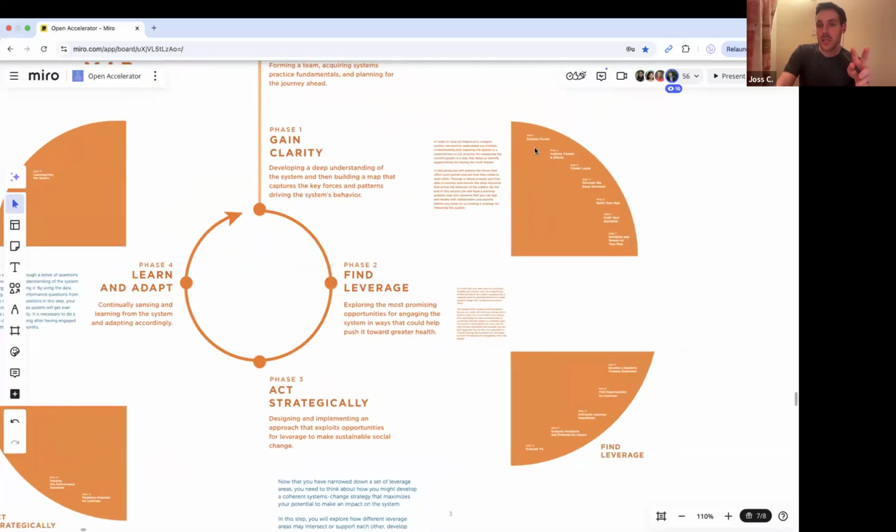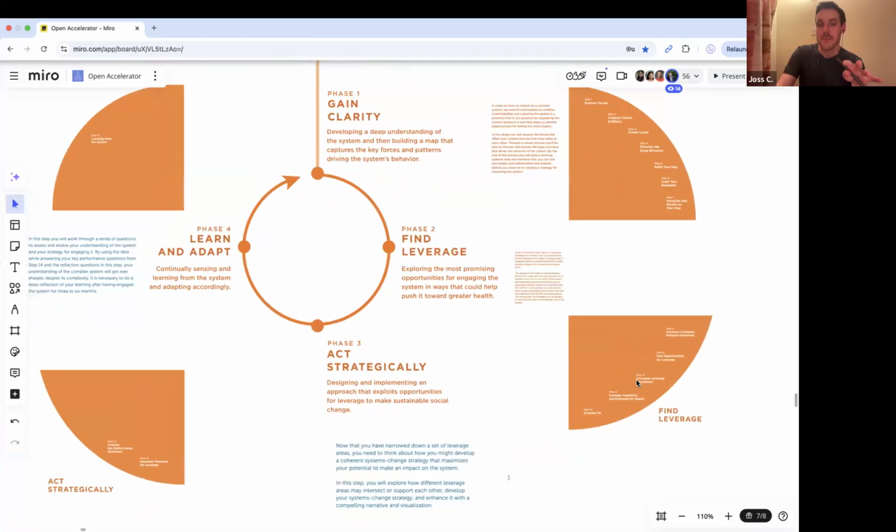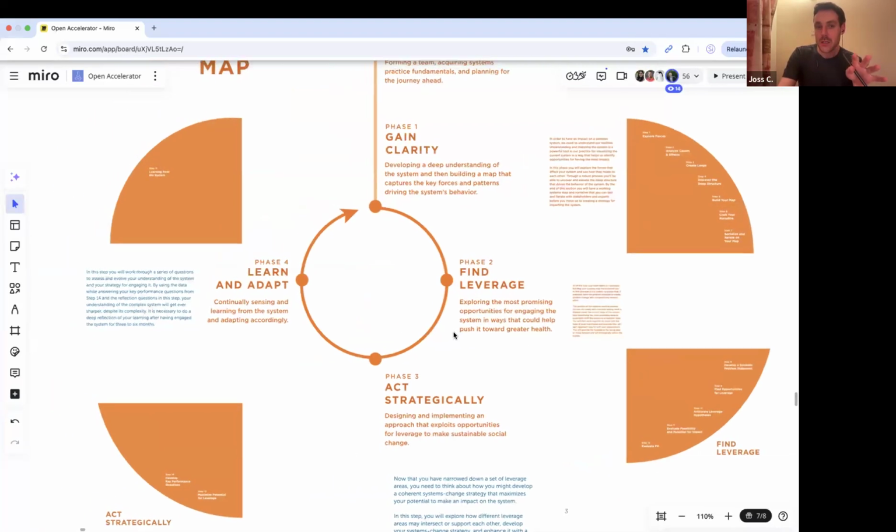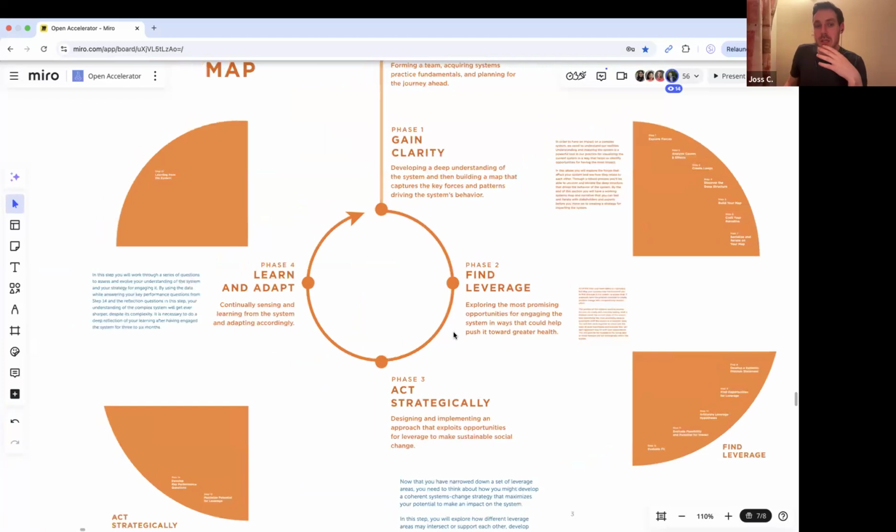Number three, you'll see over here outlined different aspects of that. The guide really breaks it down. Three, acting strategically, designing and implementing an approach that exploits opportunities for leverage to make sustainable societal change. And finally, adapting and learning through continuously sensing and learning from the system and adapting accordingly.